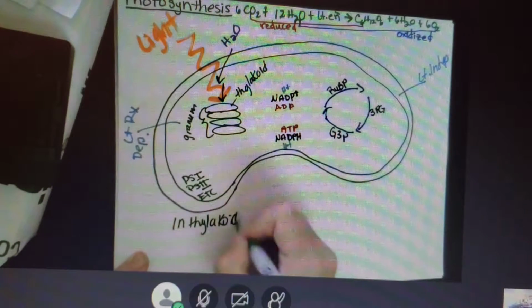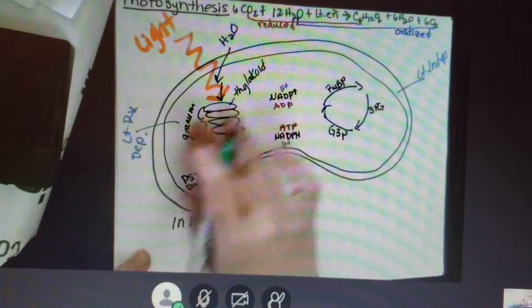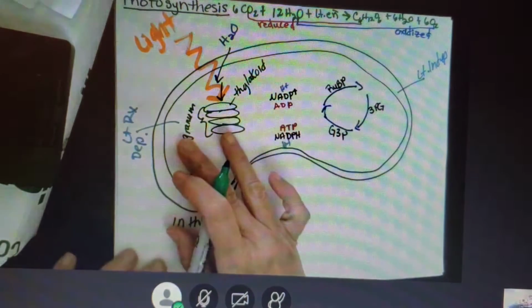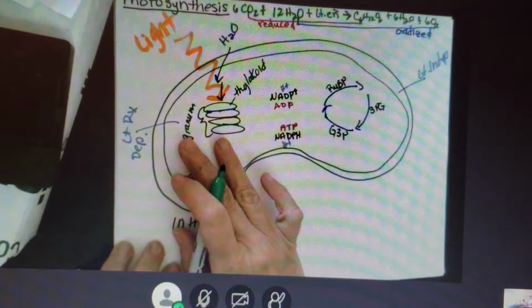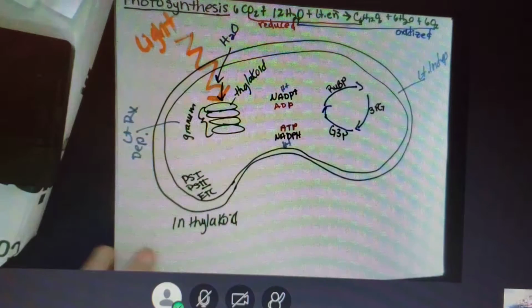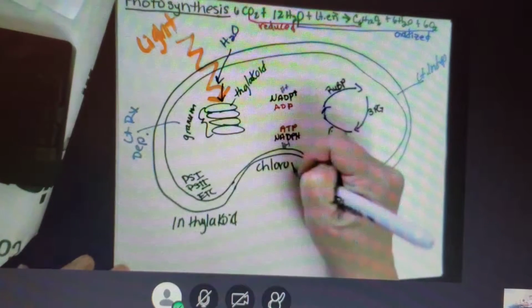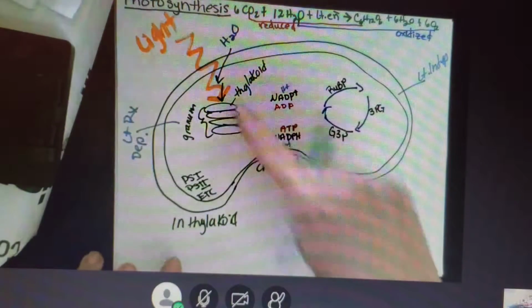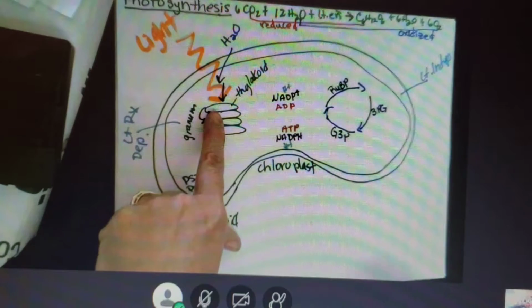of, what is this thing here? Did we ever finish that thought? I don't think I did. Looks kind of like a mitochondria, doesn't it? So which part of the plant does photosynthesis? Chloroplast. So we're in the chloroplast. These reactions are occurring in the thylakoid, okay?